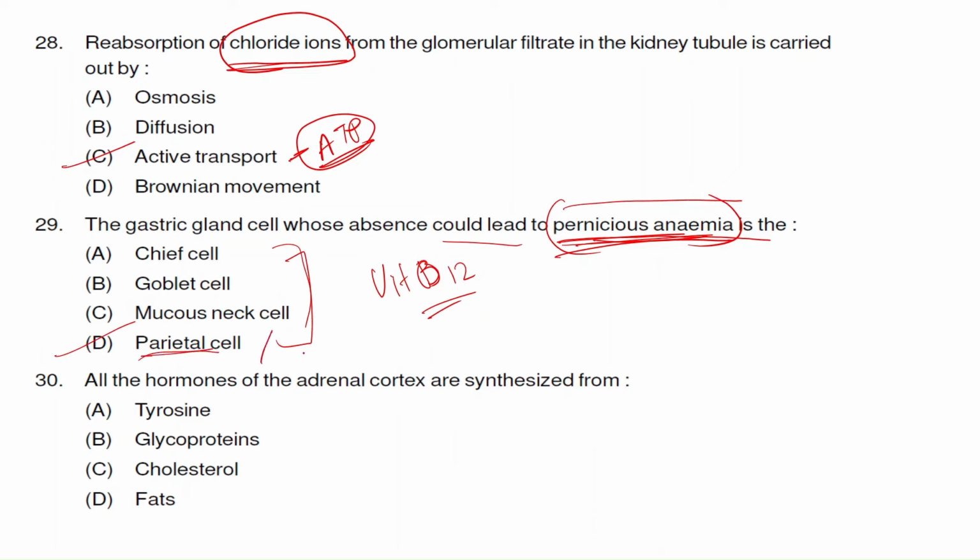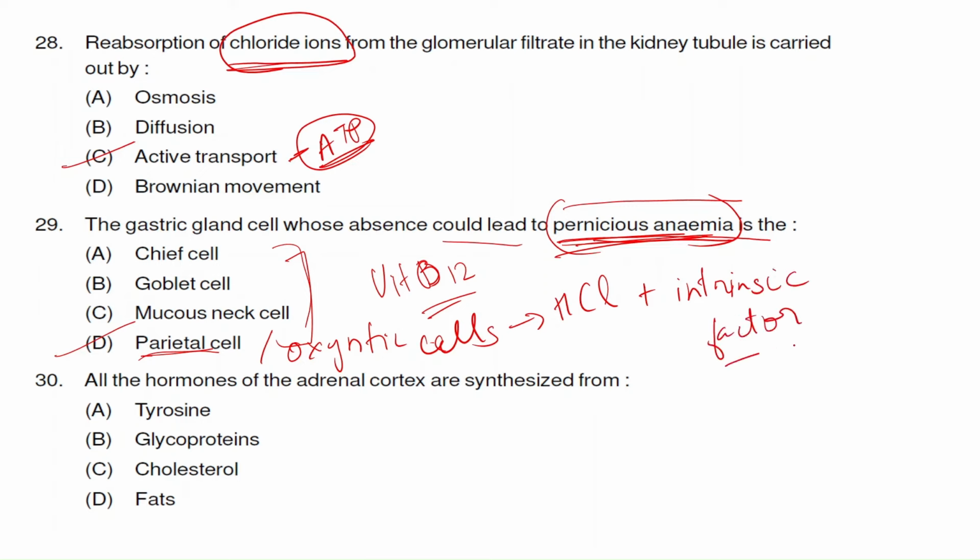Parietal cell is otherwise also known as oxyntic cell. And what is the function of oxyntic cells? They secrete HCl, hydrochloric acid, and intrinsic factor. What is the role of intrinsic factor? Intrinsic factor facilitates the absorption of vitamin B12.